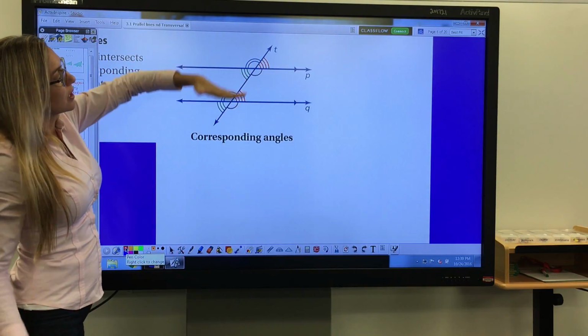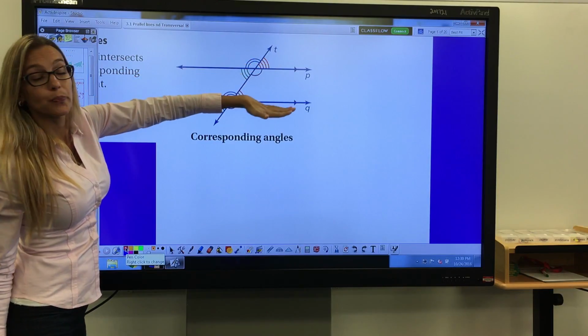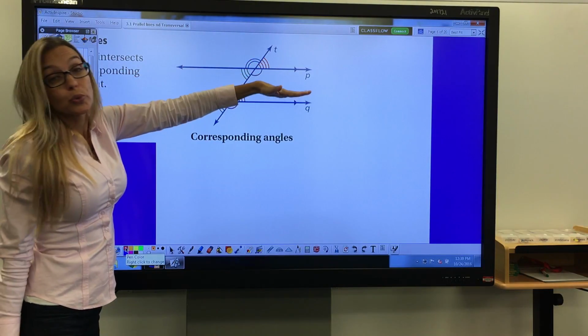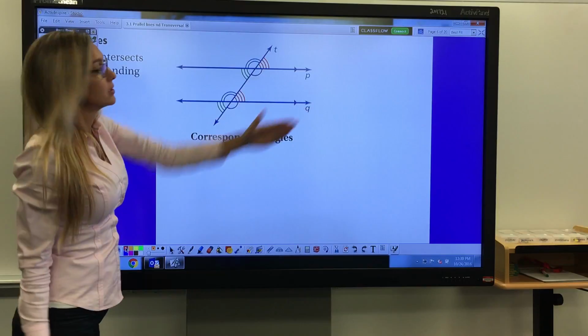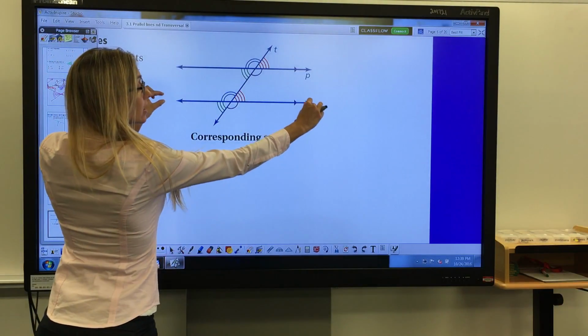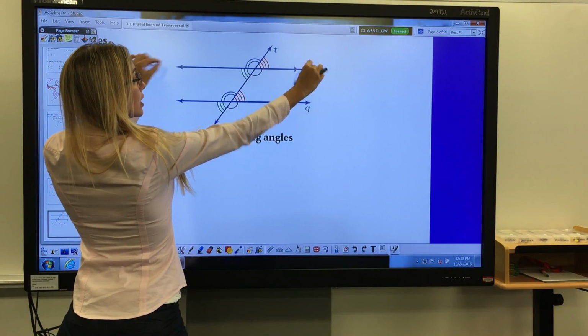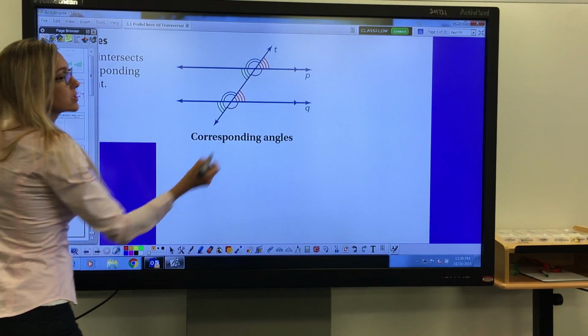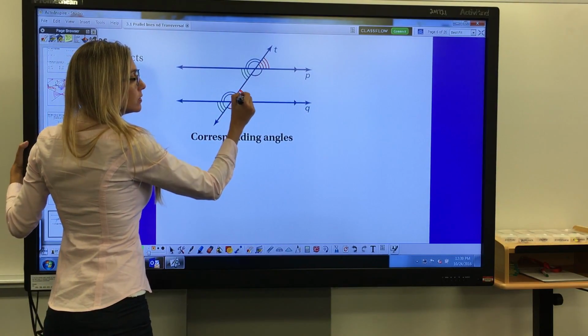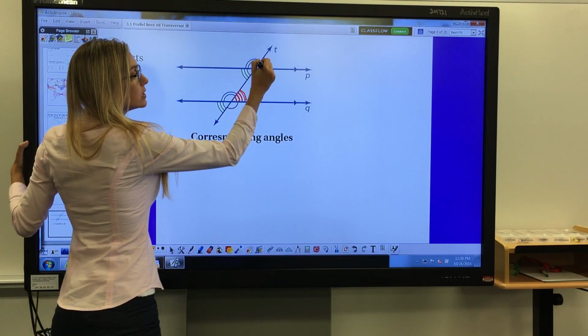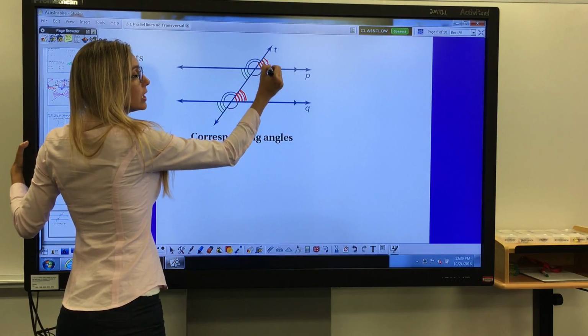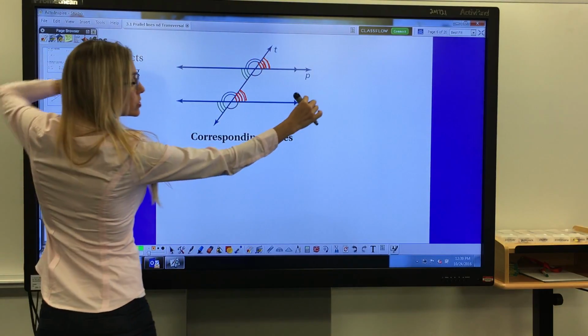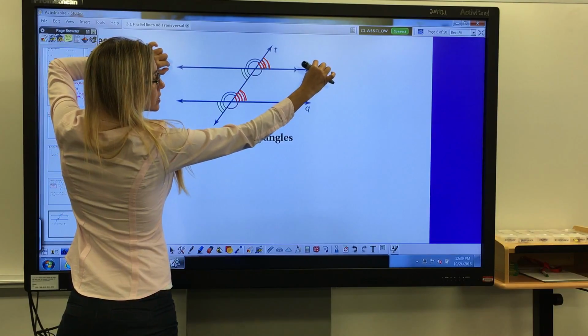If you look at these lines, line P and line Q, they're like twin sisters or twin brothers. They're the same line. That means if I was to take line Q and put it on top of line P, you will notice that this angle, this red angle, is actually this angle, right? They're identical if you just lift this line and put it on top of it.